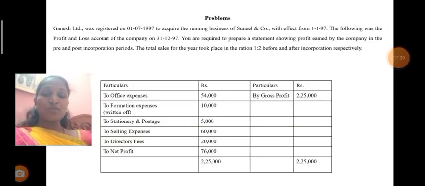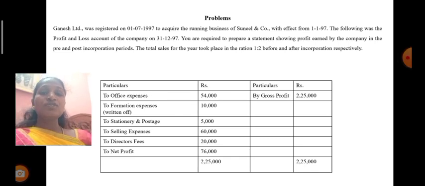So let's move on to the small example problems, so that we can easily understand how to calculate profit prior to incorporation period. Ganesh Limited was registered on 1-7-97 to acquire the running business of Sunil and Company with effect from 1-1-97.